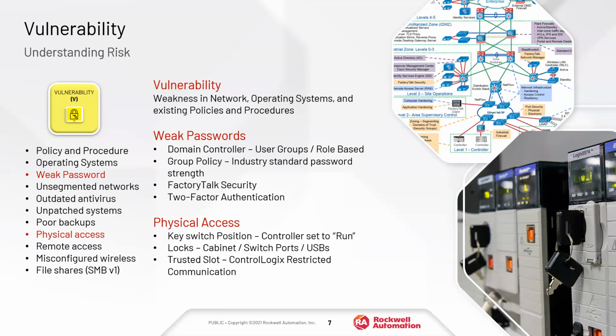So we set the usernames and passwords as part of the domain controller, and you can manage that so that the policies that manage your traditional username and password also help you manage who has access to the controllers, who has access to the FactoryTalk products. Think of FactoryTalk View, FactoryTalk AssetCentre, Studio 5000. So you can easily go in there and say, if you're an operator, you have no business uploading or downloading to a controller.